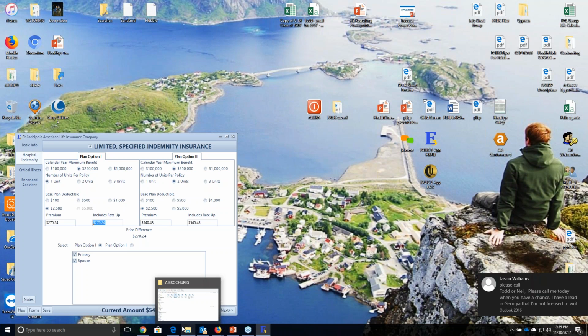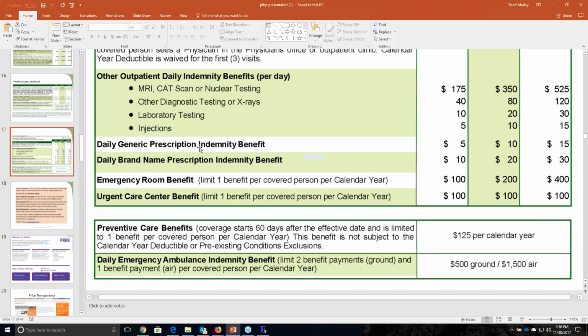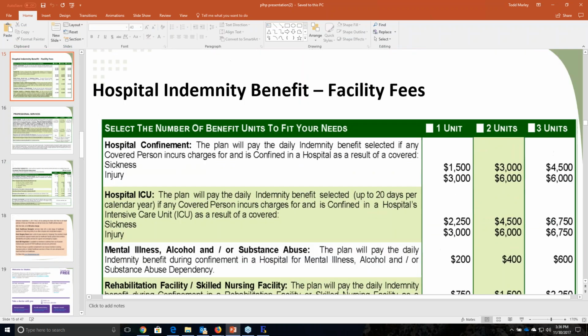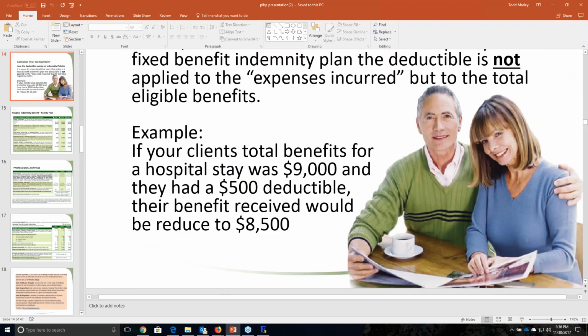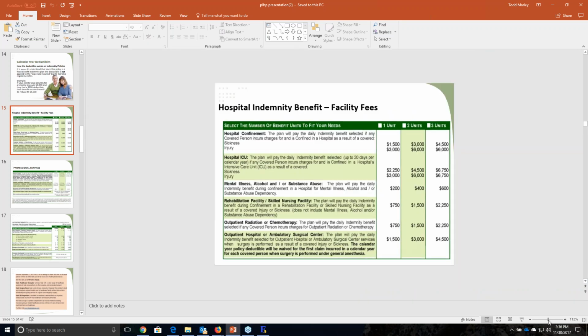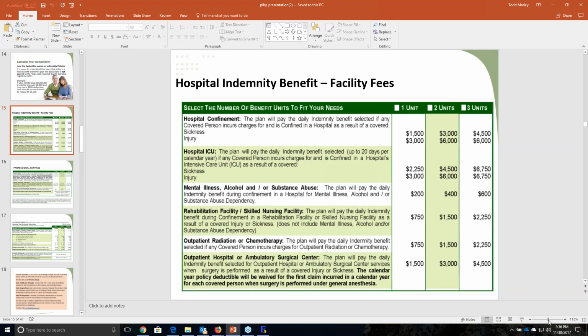So once they feel comfortable that, with the surgical and physician's benefits plus the Christian sharing ministry, if they have a big time hospital stay, they're going to be covered adequately and not get killed, the rest of it becomes easy.